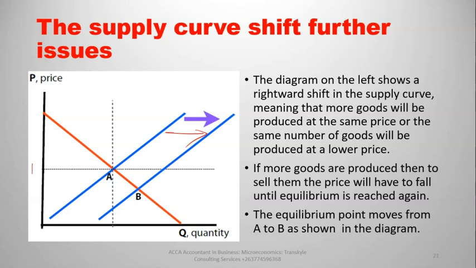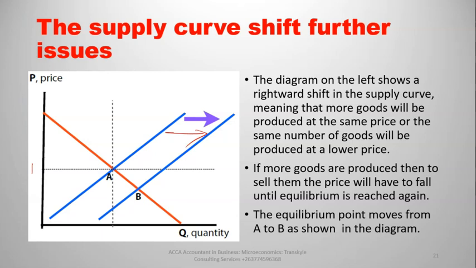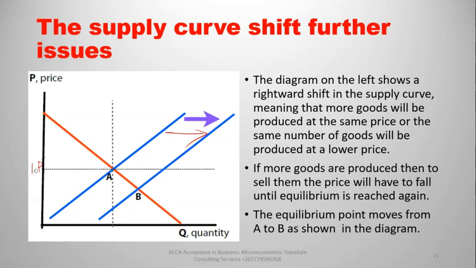So if we are having a price P, that's our price there. Now at that price, we are going to produce more goods. More goods will be produced at the same price.